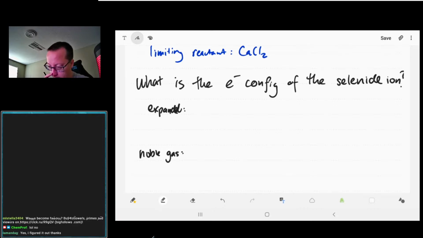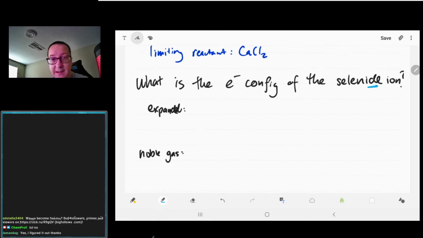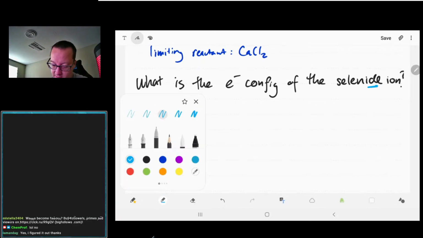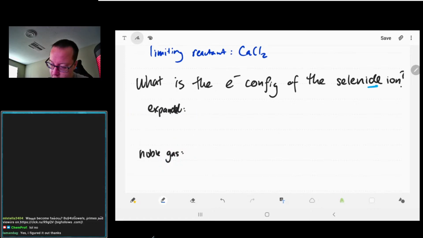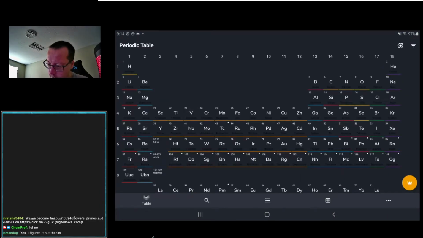Remember that ide endings typically are for one element when it's in its negative state. So that means this came from selenium. Since it is the selenide ion, it would be the preferred charge of selenium. If we find selenium on the periodic table, it is over here, number 34.